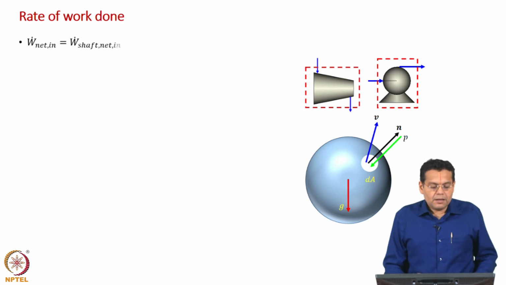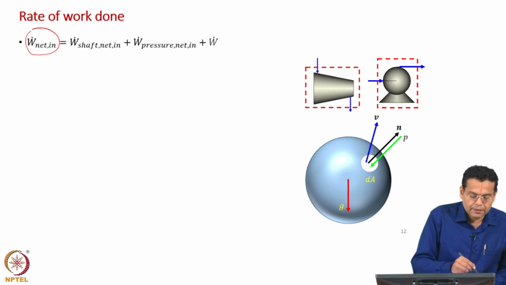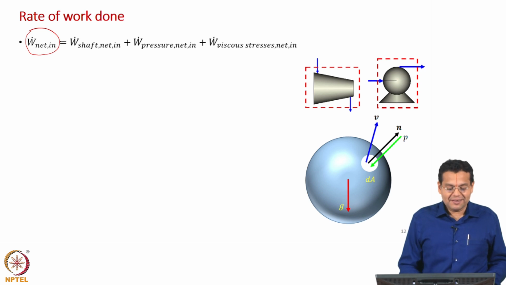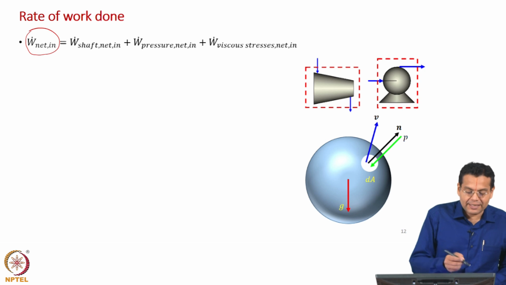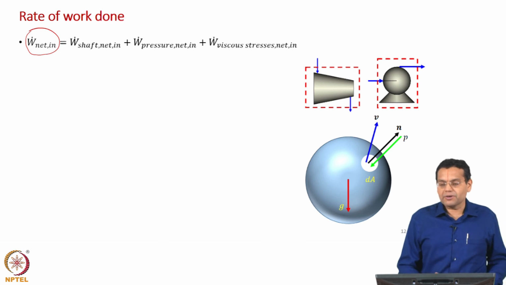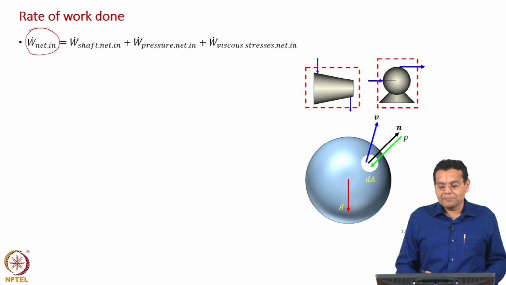Now, how do we split the rate of work done? W dot represents rate of work done, and of course, net represents the net rate of work done, that is, energy addition into the contents of the control volume. That rate of work done is split into three contributions.